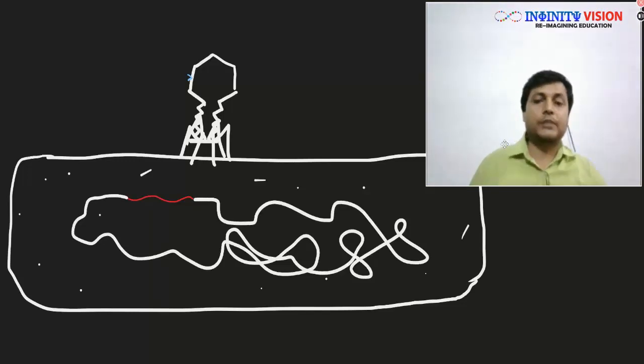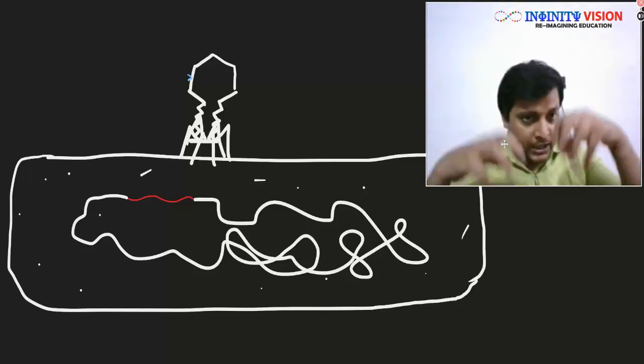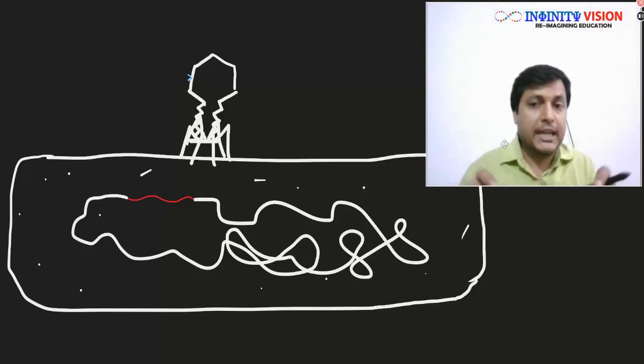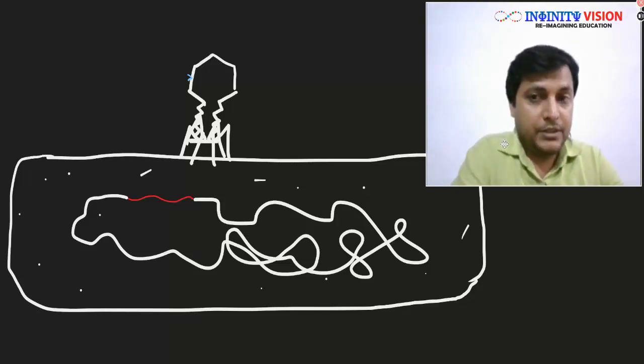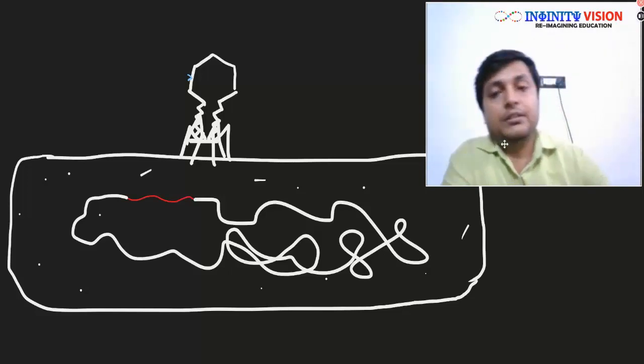Can you see? So now the viral genome is injected into the bacterial cell, and then inside the bacterial cell the viral genome gets embedded into the bacterial chromosomal DNA. This process is called integration. That is, the viral DNA got integrated into the bacterial DNA.